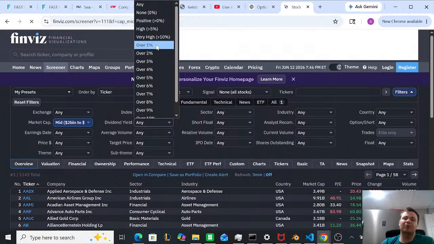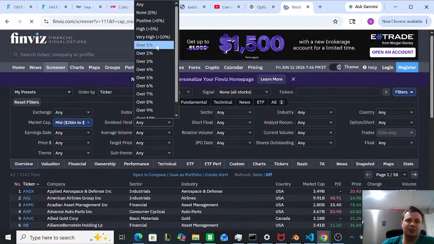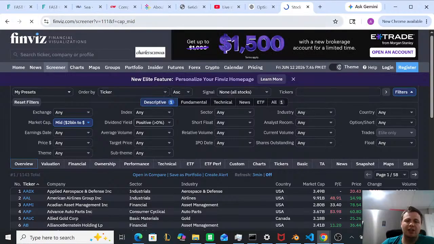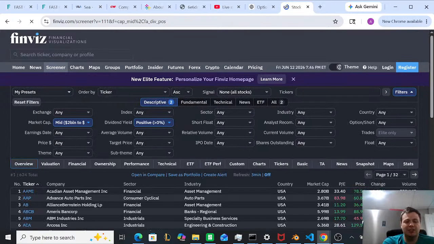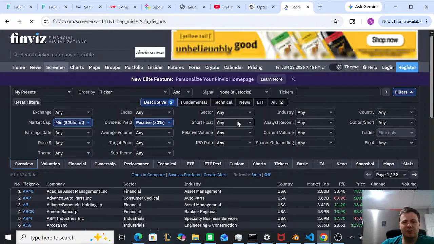If they're beaten up, disregarded by the market, and trading at a really compressed multiple, you start to see explosive returns when you invest in those, because you get multiple expansion on the companies, and that's where the real returns get driven. So I've got dividend yield.